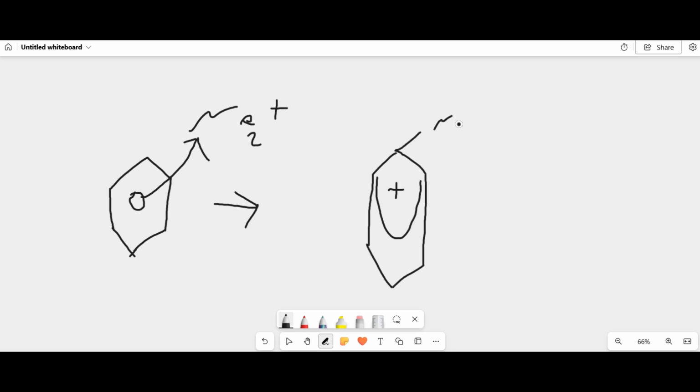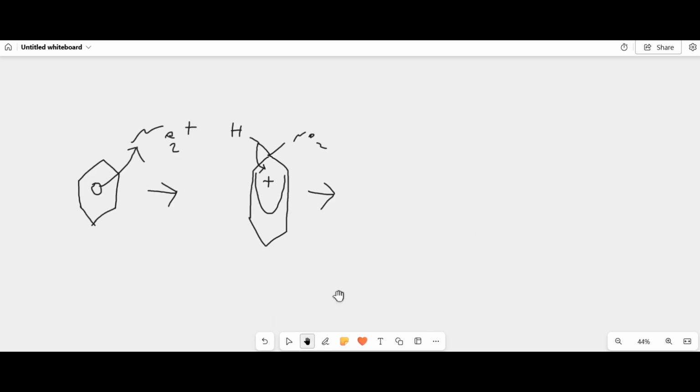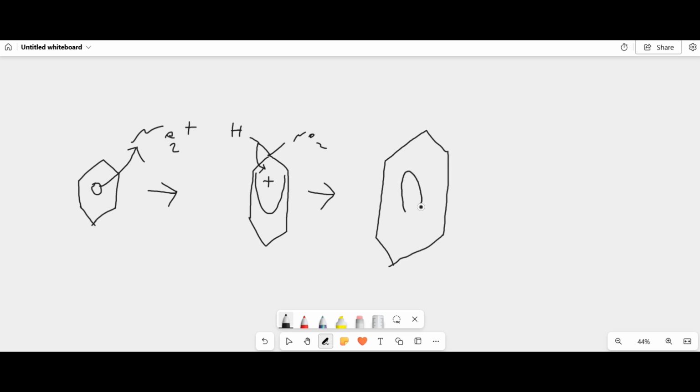Now you get NO2 attached and then H attached. So it's just simple electrophilic substitution, like earlier. Then this bond is going to break and it's going to reform the ring. The electrons join and create the delocalized ring again. Nice and easy. That means H got substituted for NO2.